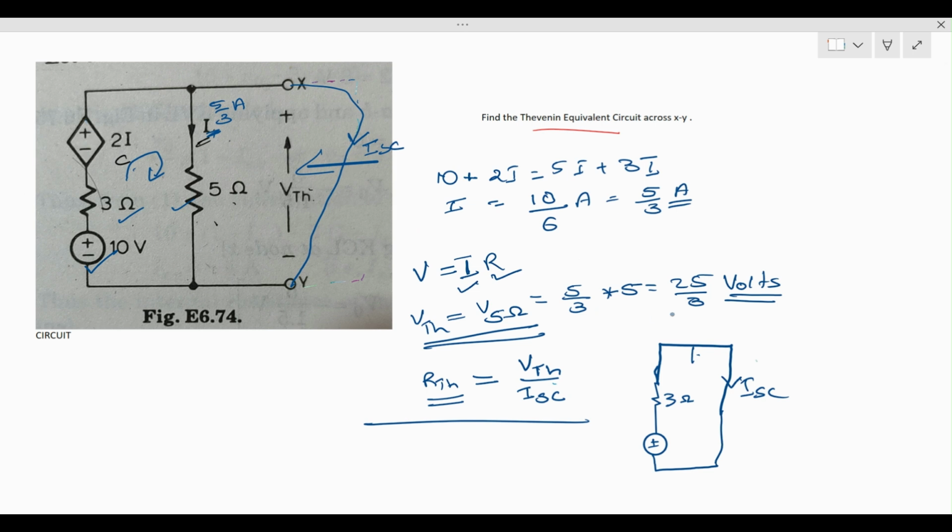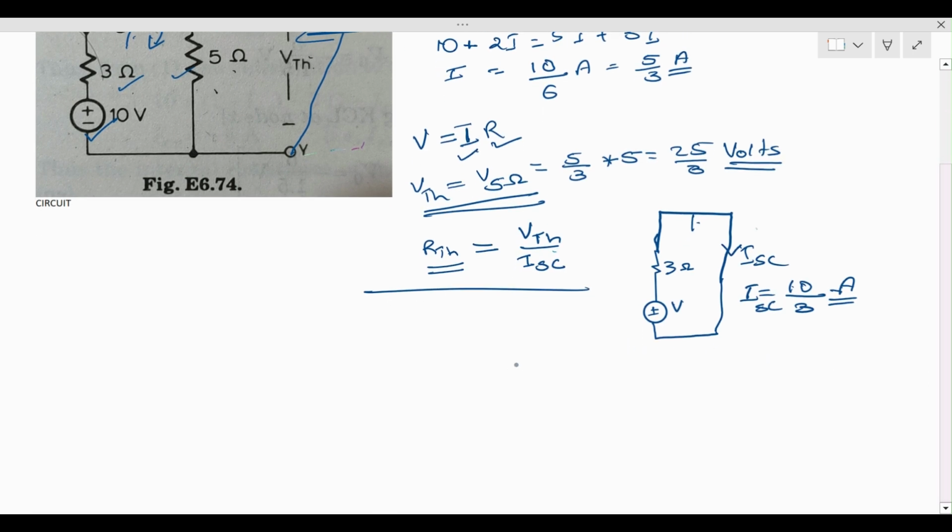So what will be ISC now? ISC will be the voltage source divided by the resistor. The voltage source value is 10, so 10 by 3 amps. So this is the short circuit current.